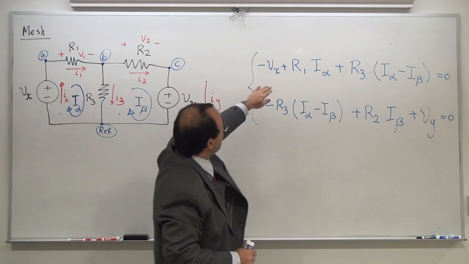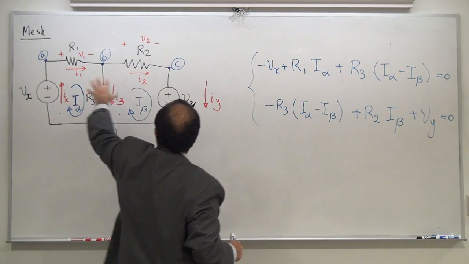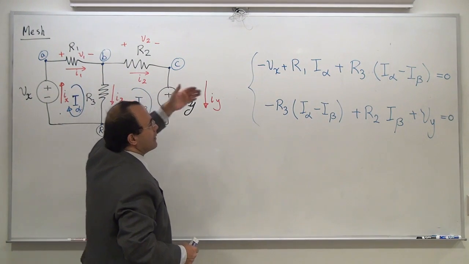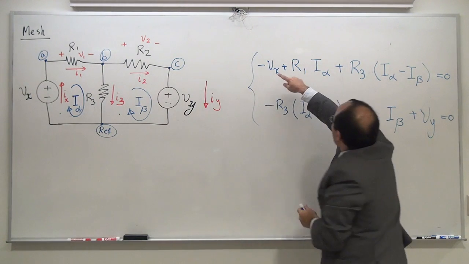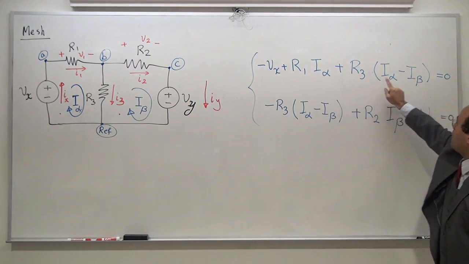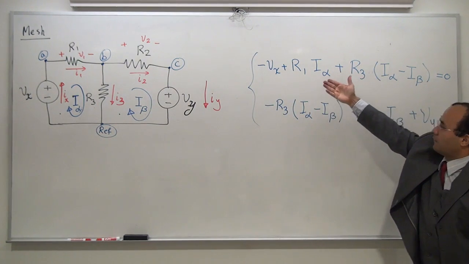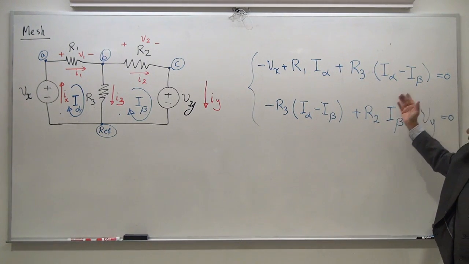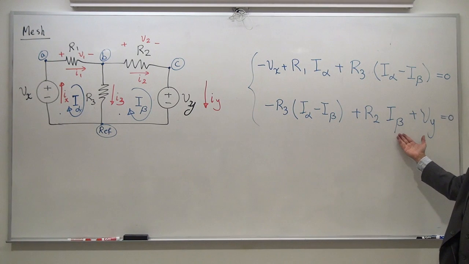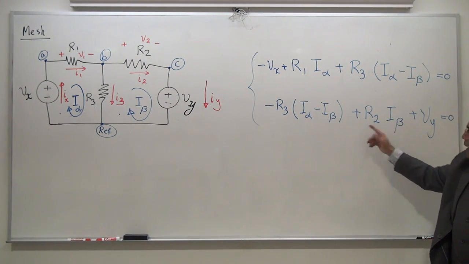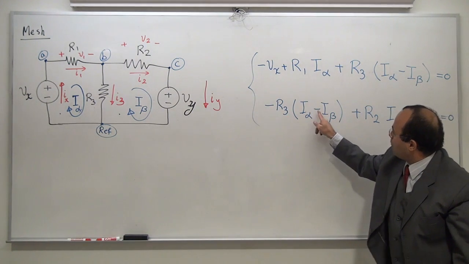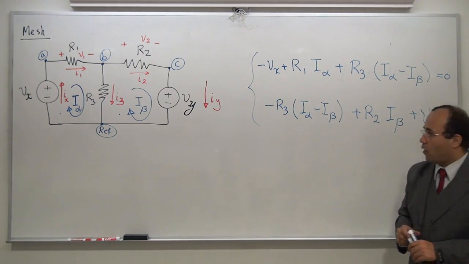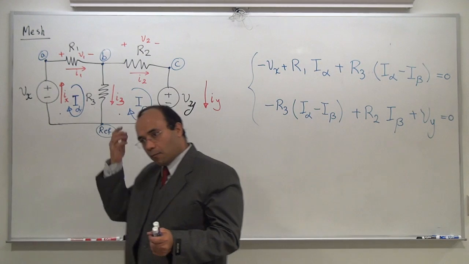If you take a look, this one is loop alpha, this one is loop beta. Take a look at this. For loop alpha, I have I alpha, and it's positive. And of course, I beta is opposing it. When I take a look at this, what do I see? I see I beta, and I also see I beta positive. So the rule becomes a lot simpler.